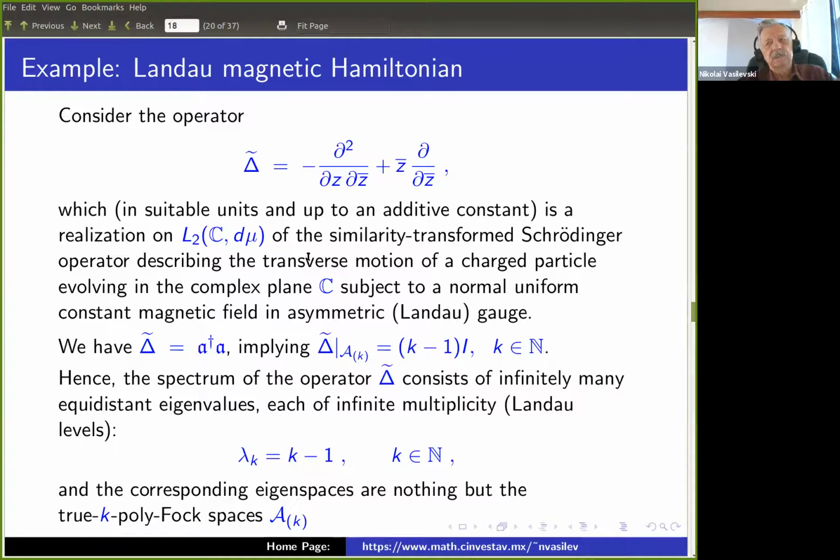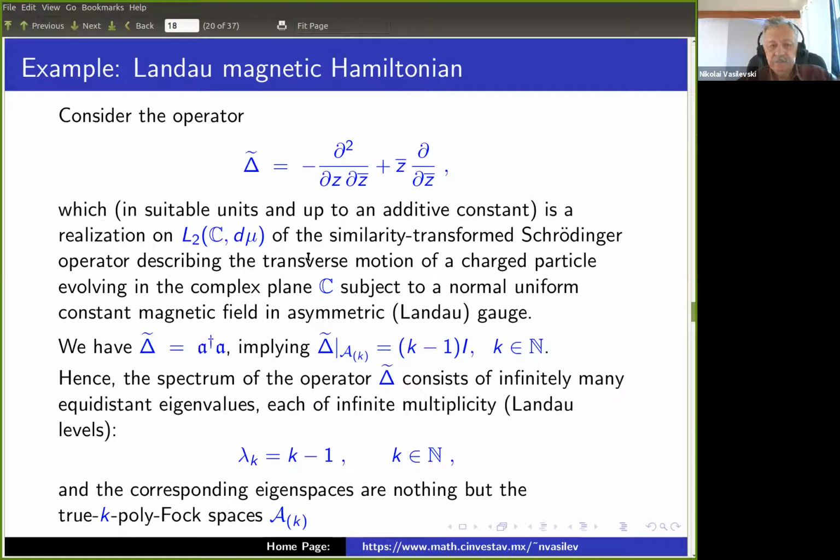And applying the properties of A dagger and A, we see that the restriction of this operator delta tilde onto each true K polyfock space is nothing but scalar multiplication of the identity operator.